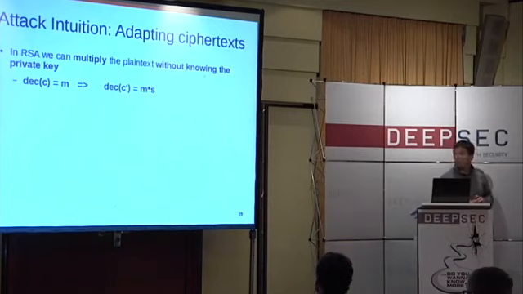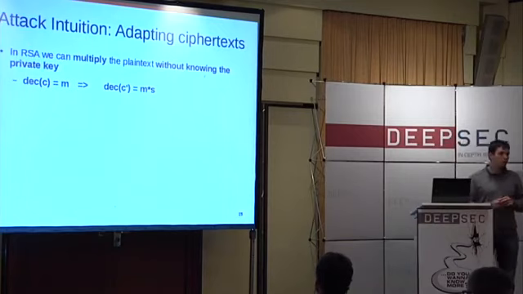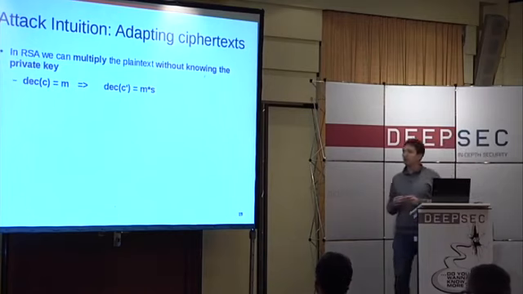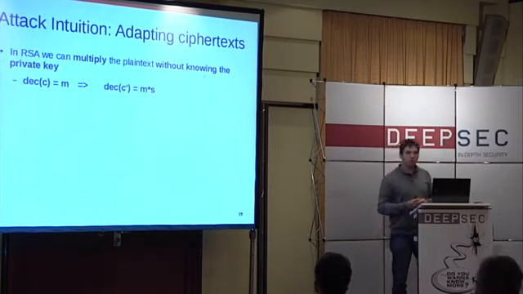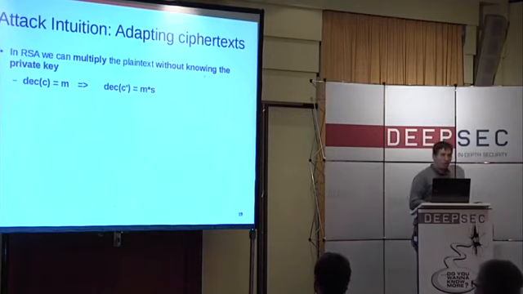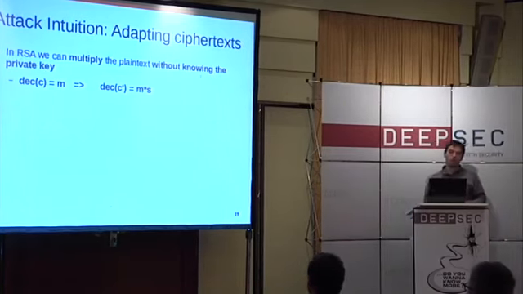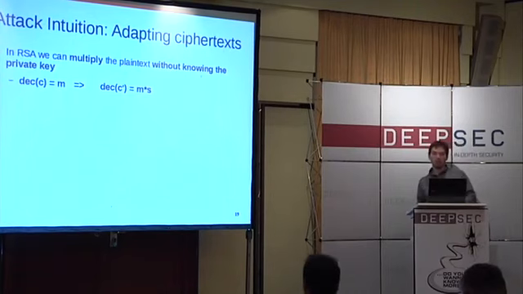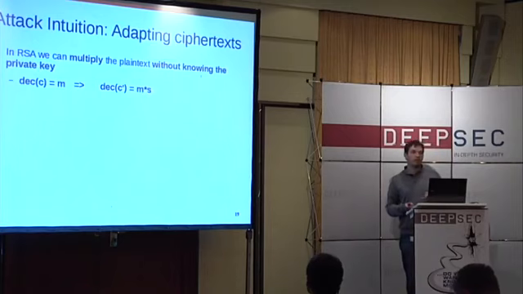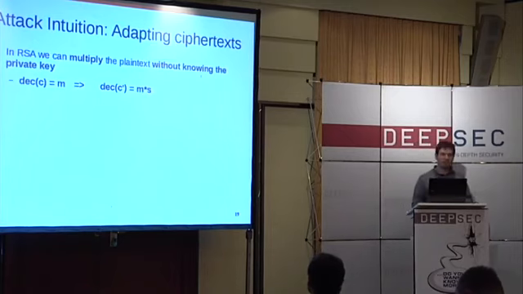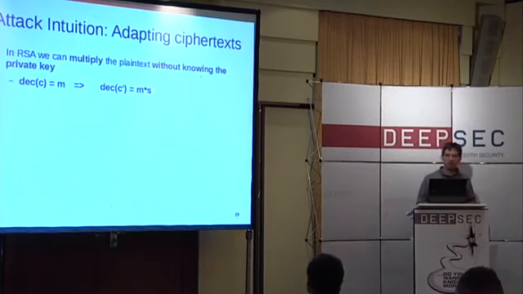So I told you we have to adapt the ciphertexts somehow. We have to modify them. What do we do with them? Actually, in RSA, it is possible to multiply the encrypted plaintext without knowing the decryption key. This is very specific to the RSA cryptosystem.